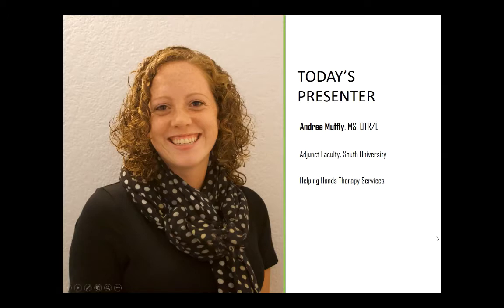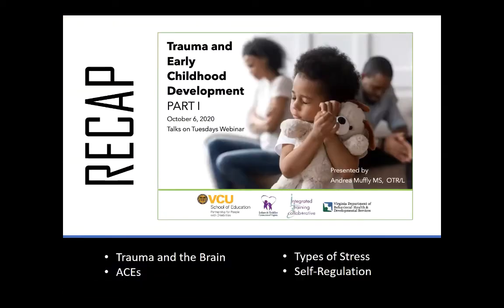So if we wanted to move forward, I'll give you a little bit of a recap of what we talked about in part 1. The first part of this presentation focused on trauma and the brain architecture, ACEs, the Adverse Childhood Experiences study, different types of stress, and self-regulation.